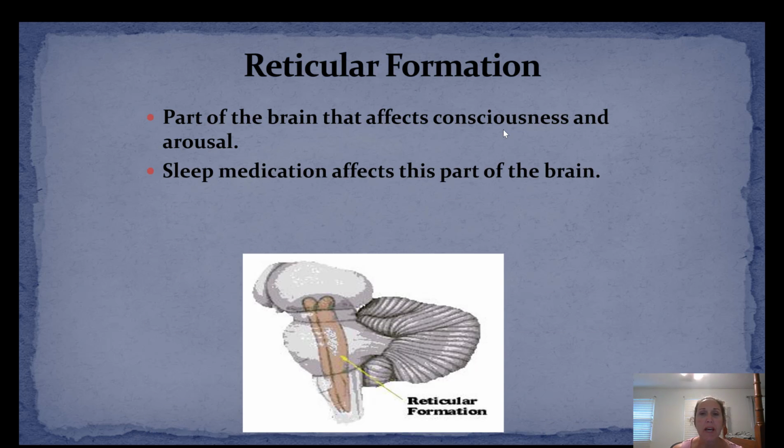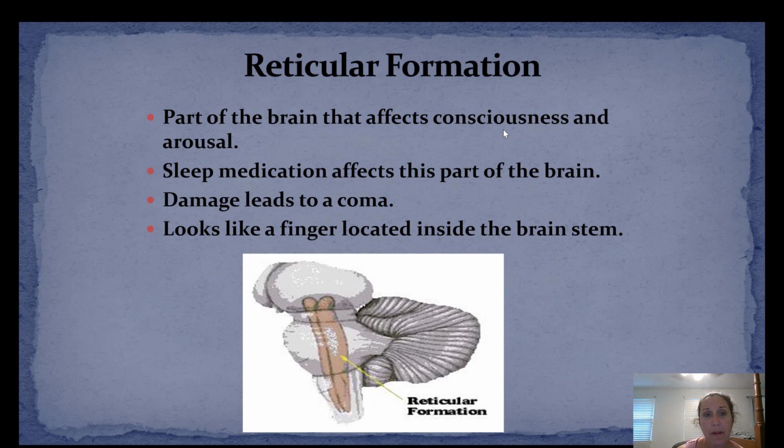So if you take any type of sleep medication, it is going to affect this part of the brain, because this part of the brain is what helps us stay awake and be conscious out there in the world, right? It's important. If there is damage, then you can end up in an irreversible coma. And it looks like a finger that is located inside the brainstem.